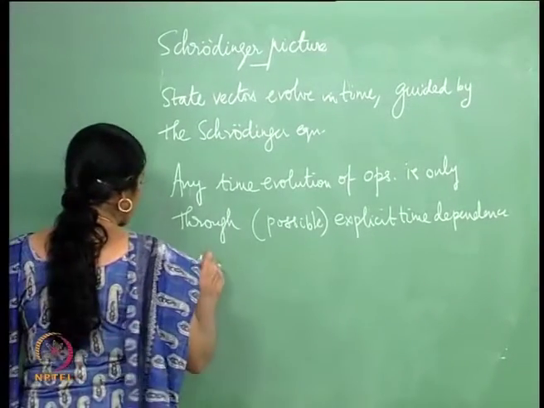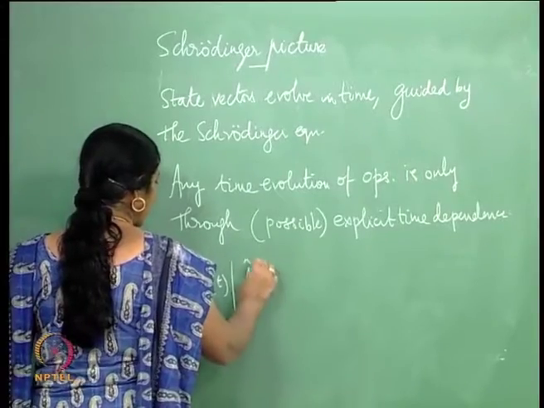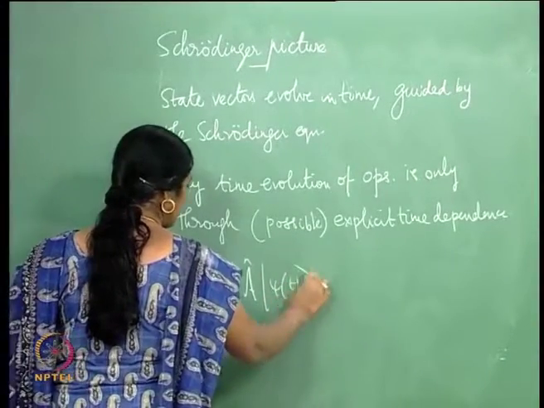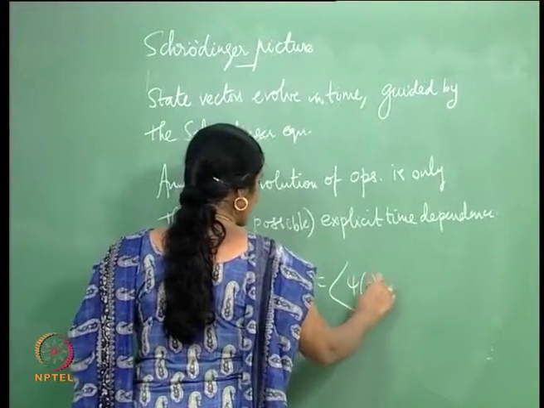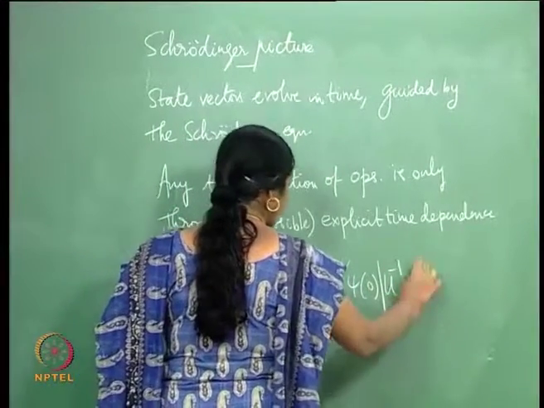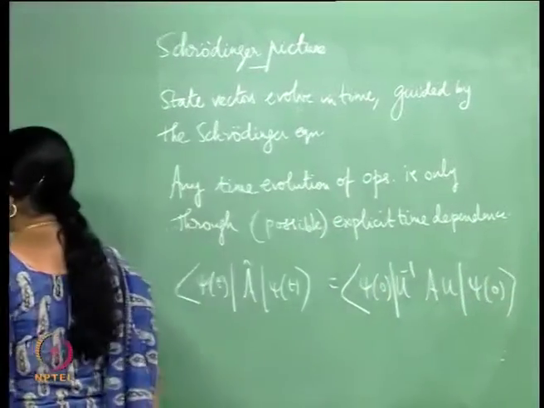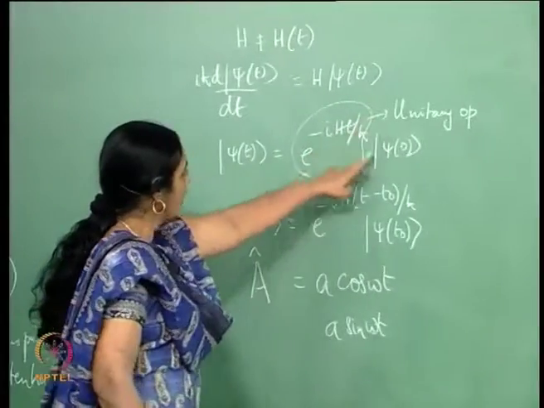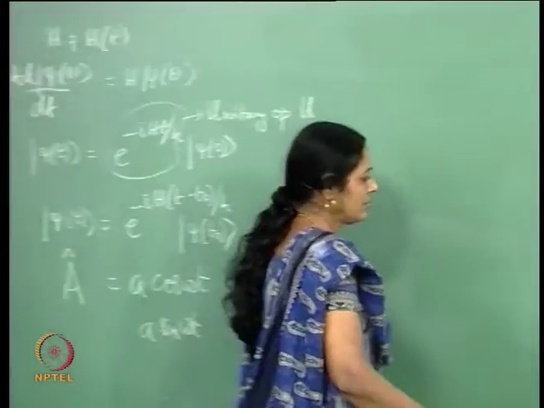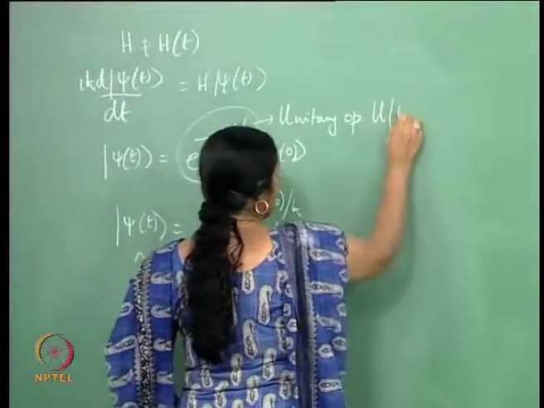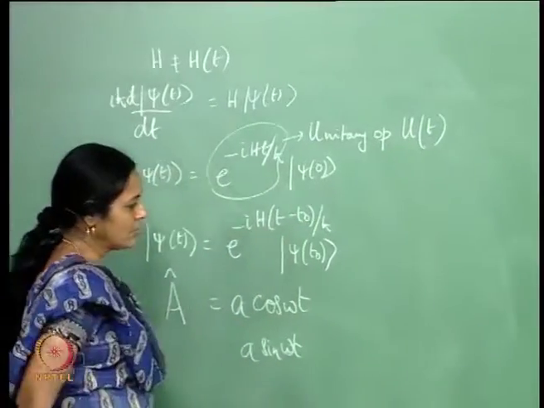So, if you look at an expectation value like psi of t A psi of t, this is the same as psi of 0 U inverse A U psi of 0. Remember that psi of t is U psi of 0. I call this operator U. U would normally be a function of t comma t naught. I have set t naught to be 0.